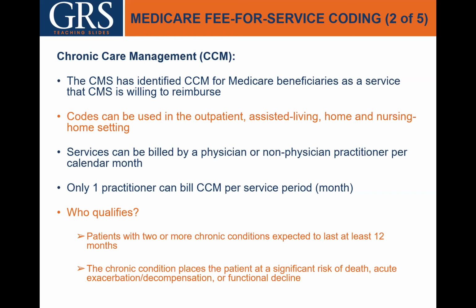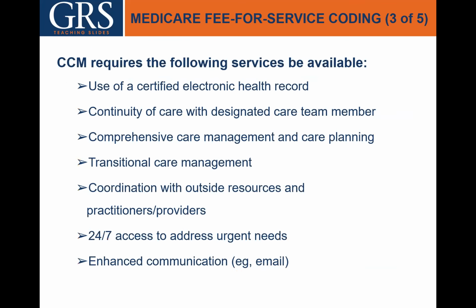So basically, patients with two or more chronic conditions, and patients with life-threatening conditions, should be qualified for this system. There are also a lot of services that should be included in this billing code system, and here are those services.